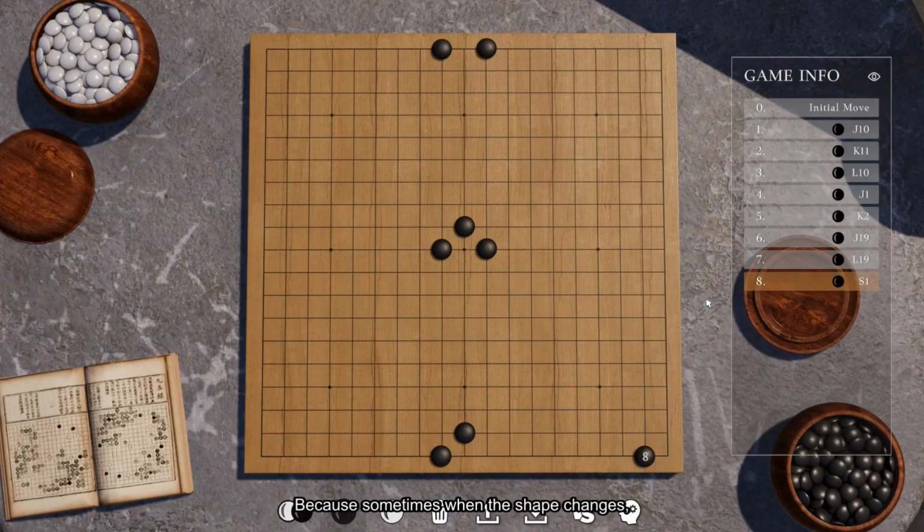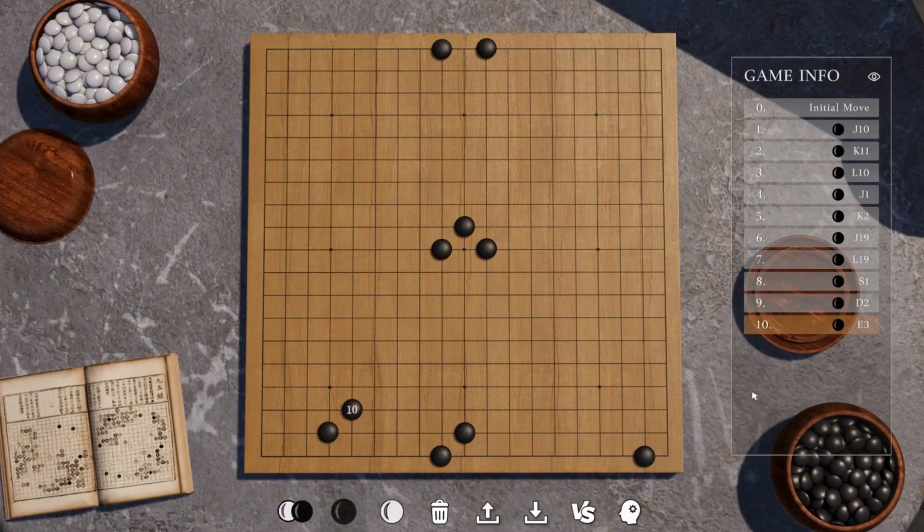Let me simplify. I want to emphasize that you should not memorize shapes by rote, because when the shape is in a different position, the tiger's mouth function may disappear. For example, these two black stones below, if we place them on the second line, then this position is no longer a tiger's mouth.